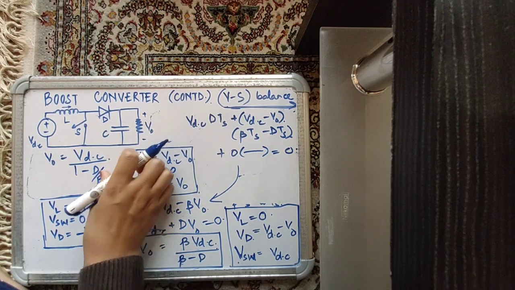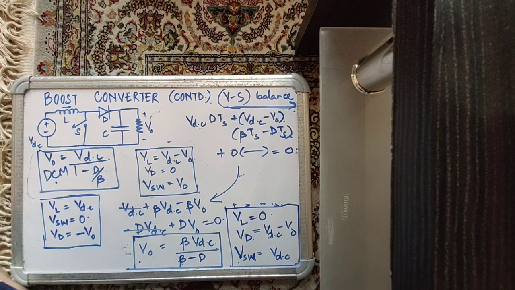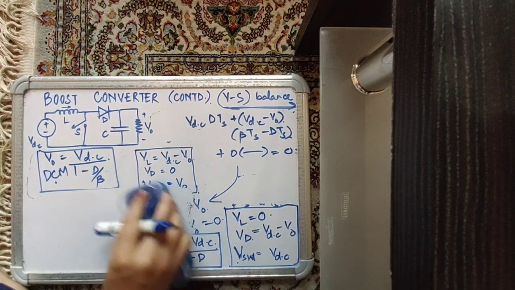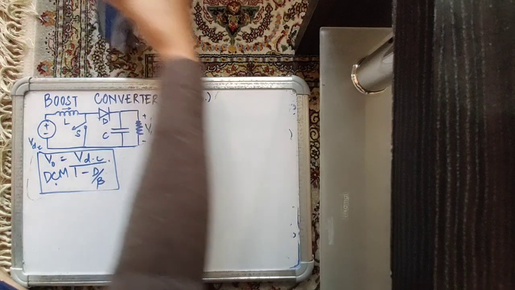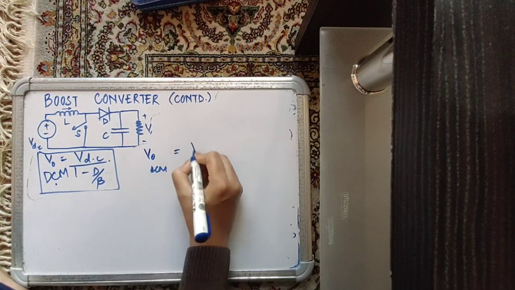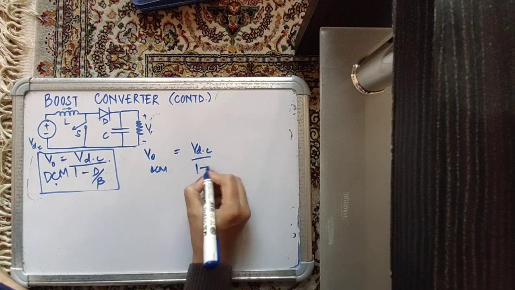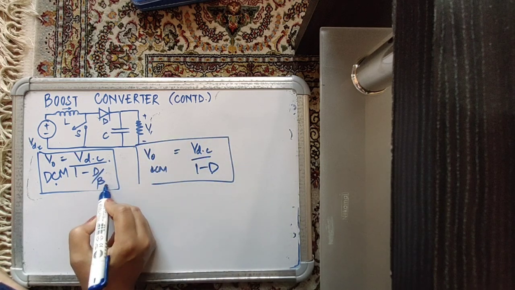So you know that in discontinuous conduction mode, this is your expression for V0, and in continuous conduction mode, your expression for V0, which we had done in the previous lecture, was VDC upon 1 minus D. Now you have the factor D upon beta.